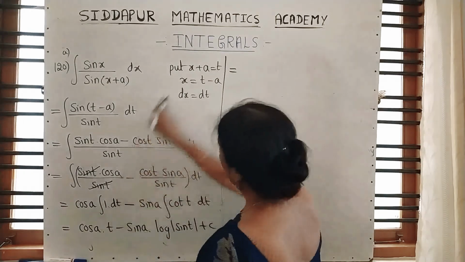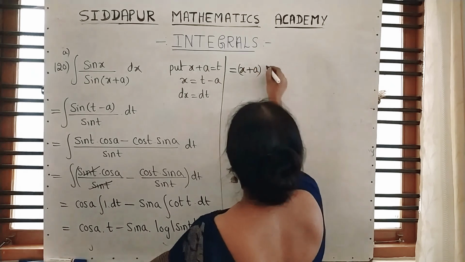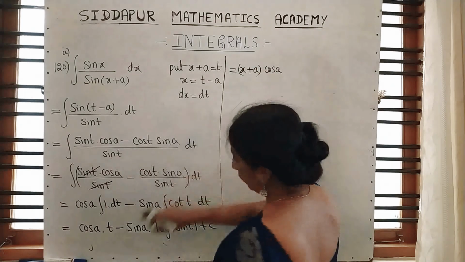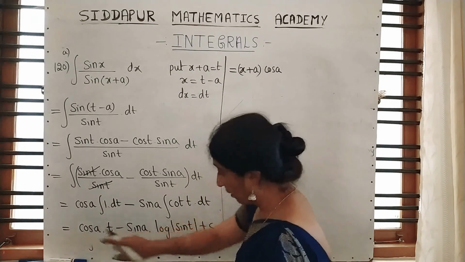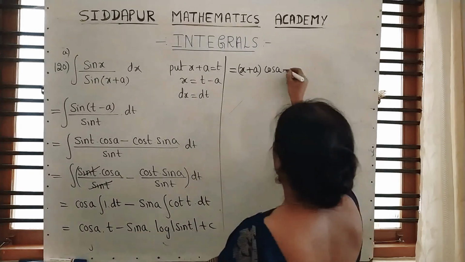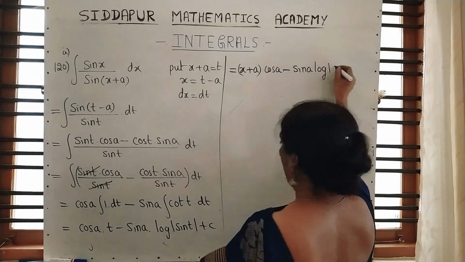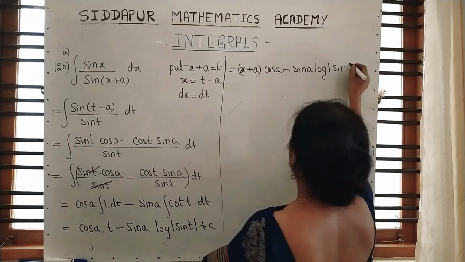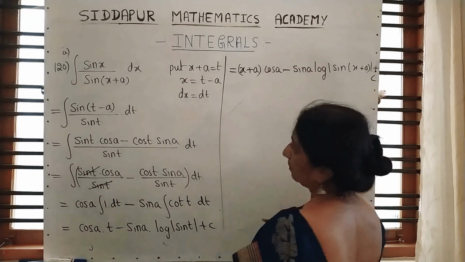What is t? t is x plus a. So it is t into cos a, minus sin a log of mod sin of x plus a, plus c.